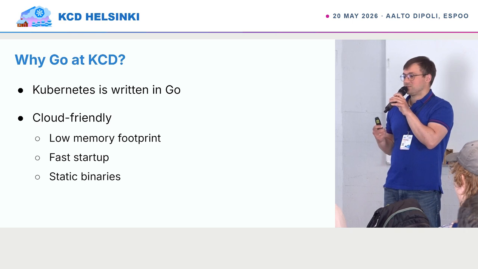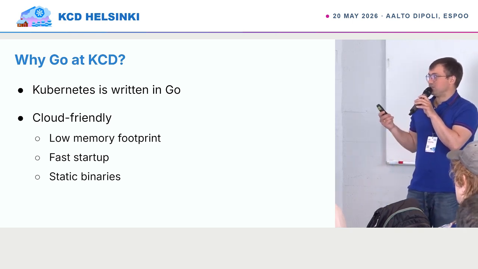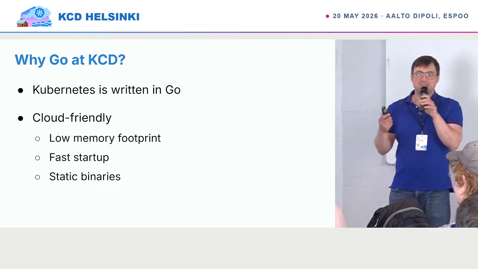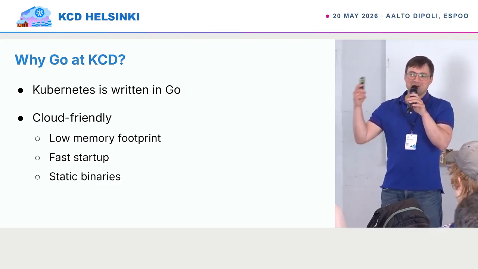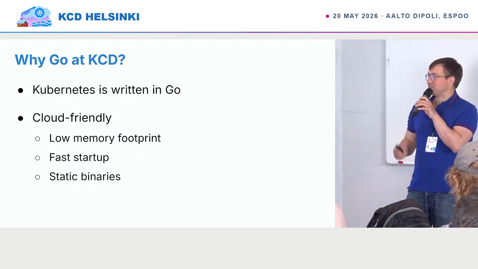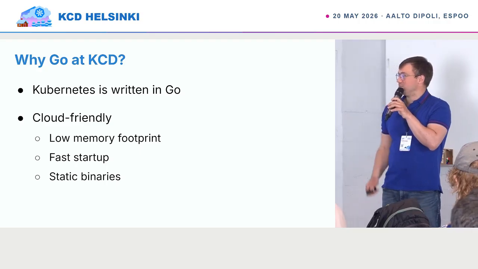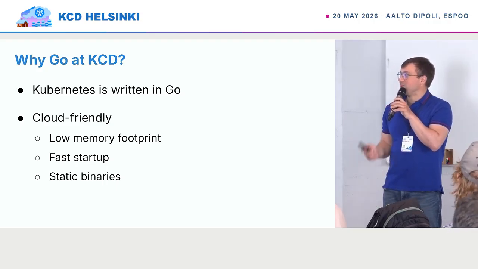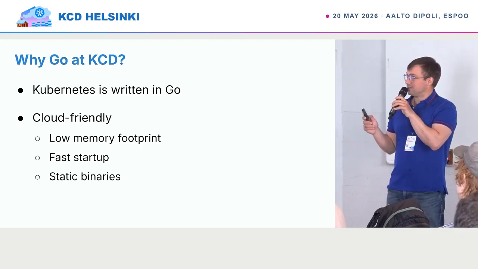It also has fast compilation time for developers, which makes sense when you use agentic coding, and you are always in the loop: change the code, recompile, run the tests. So in that sense, Go is a great language, and it's getting more popular. Maybe not that popular in Helsinki, but worldwide it is.